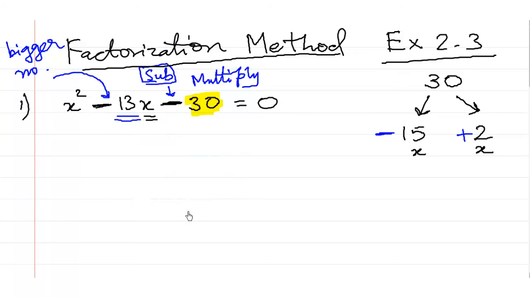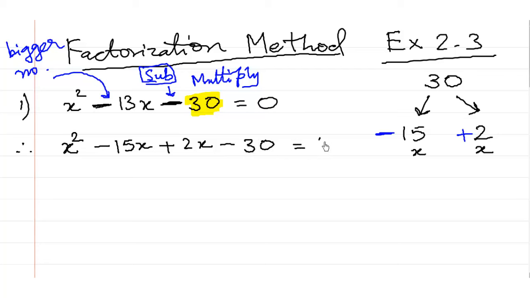So once you get the correct splitting, we shall continue. Therefore, x square minus 15x plus 2x, that is, we have written it from the rough column, minus 30 is equal to 0. So let's take the first two terms together.